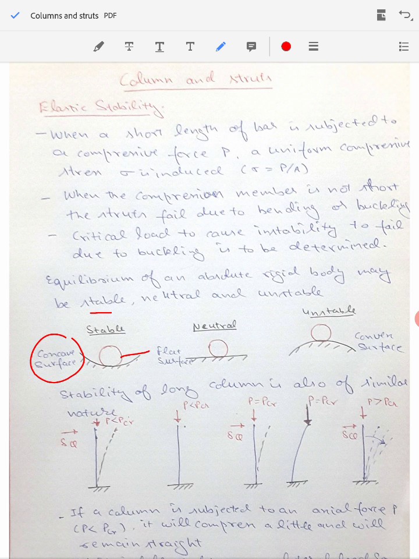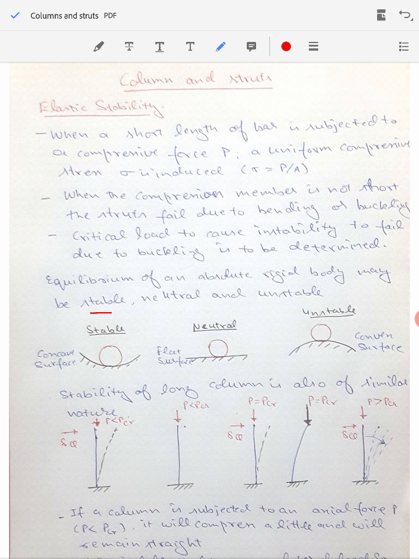If we push the ball to the left or right, it will rise a little bit on the surface, then again come back down to its equilibrium position. Every time it is moved from its equilibrium position, it has a tendency to come back to its original equilibrium position. That's why this configuration is called a stable configuration.